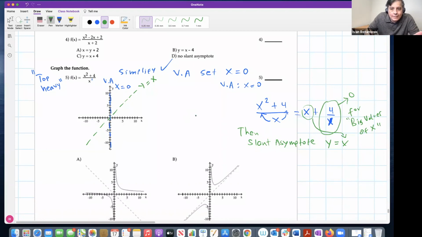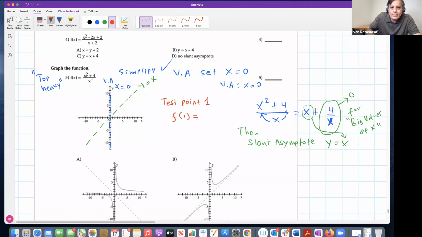Well, for that, use test points. Test points to make sure which curve you're going to take. The test points will tell you. For example, I can use test point 1, and evaluate my function at 1 and see what I get.